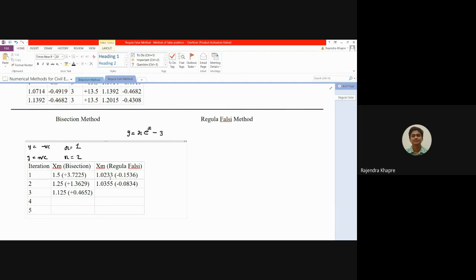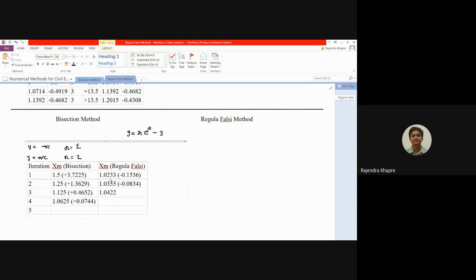For bisection, 1.062, and the y value is 0.07, positive. For Regula Falsi, third iteration, that is 1.0422.